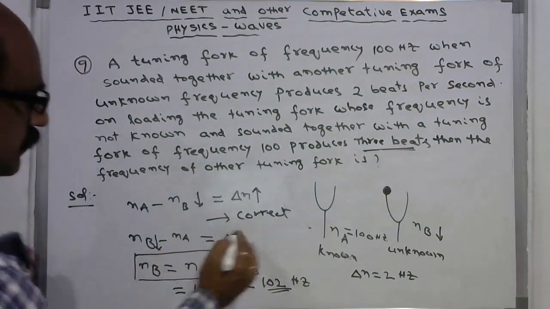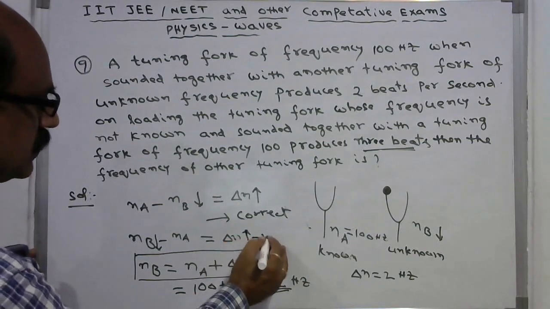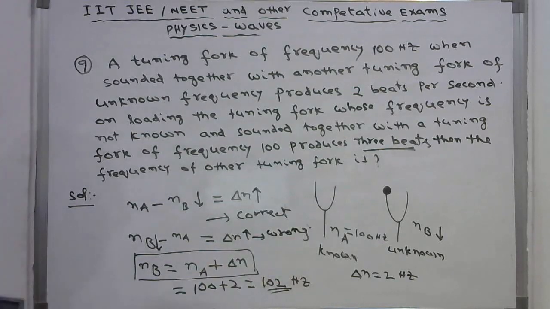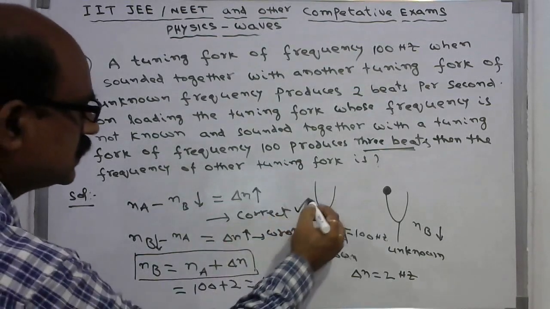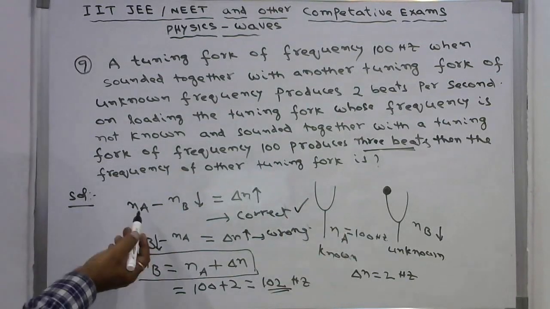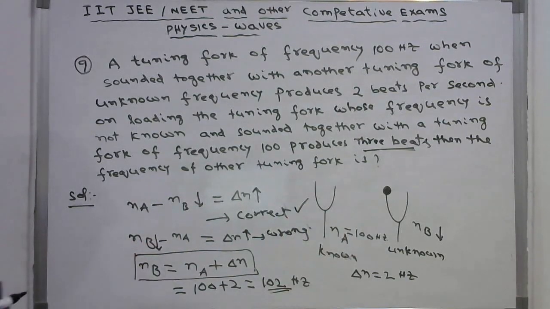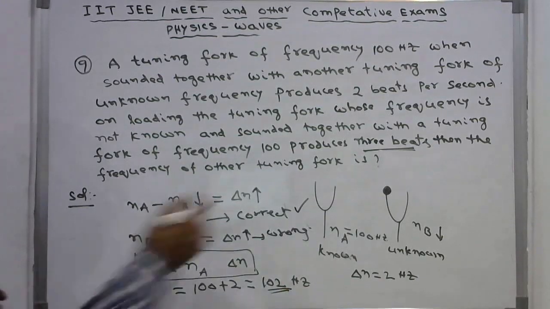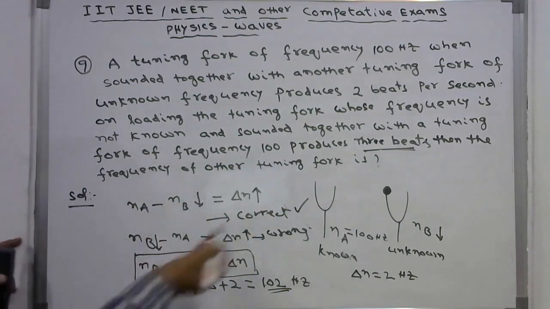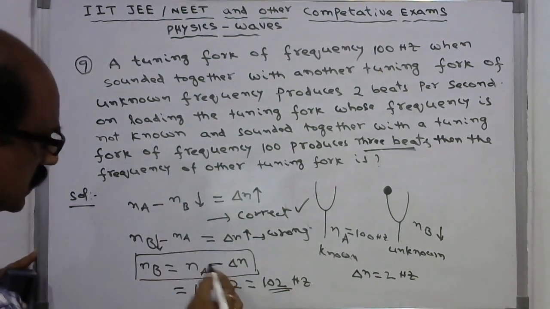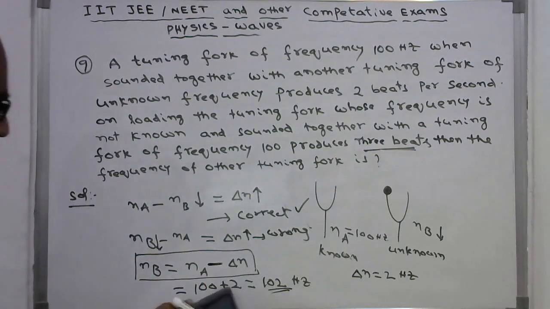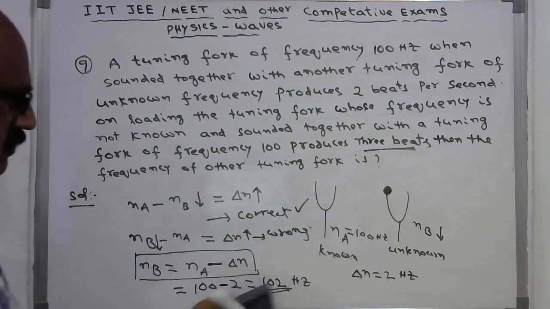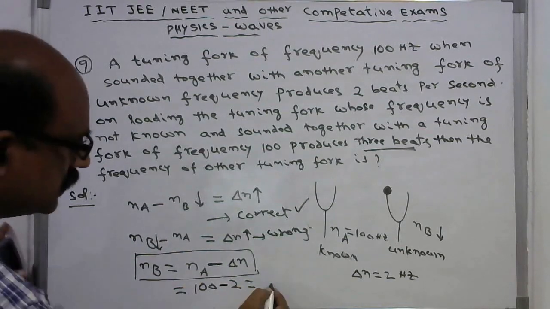It cannot be. So we have to take this into consideration. Then NB is equal to NA minus delta N. So 100 minus 2, this becomes 98 Hz.